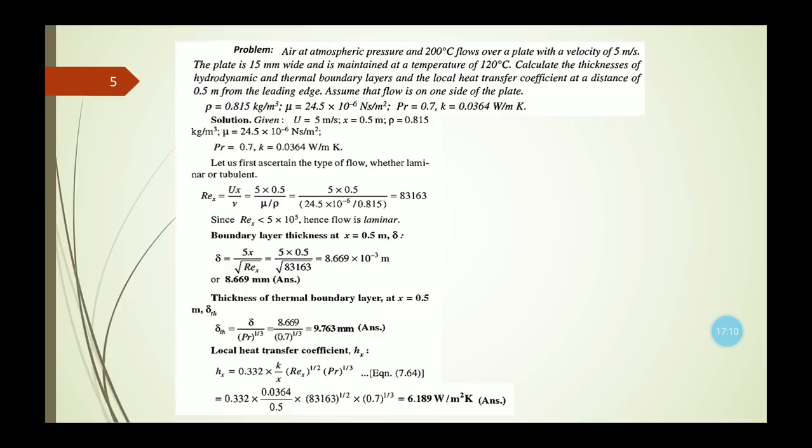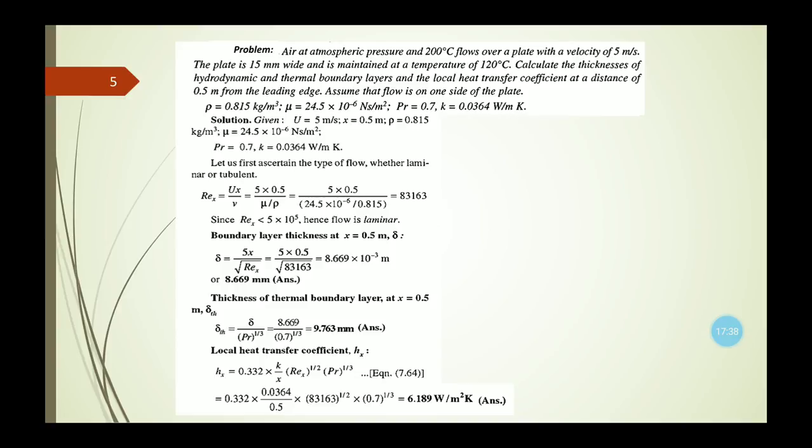The hydrodynamic boundary layer delta we have already calculated, which is 8.669. The Prandtl number is given in the question, which is 0.7. Putting in these values, the thermal boundary layer thickness comes out to be 9.763 millimeter.